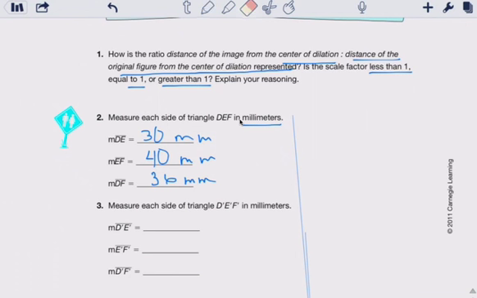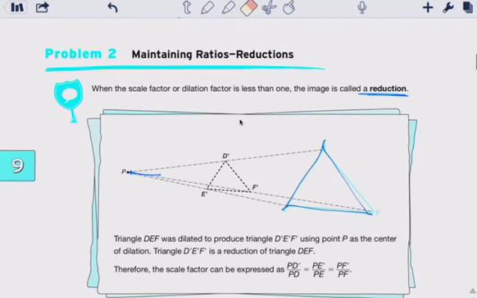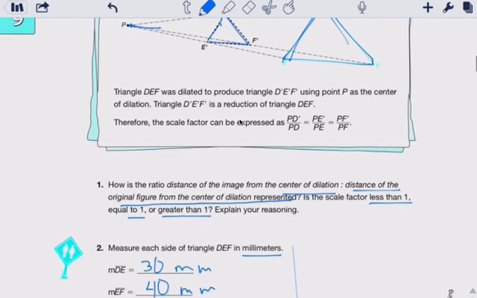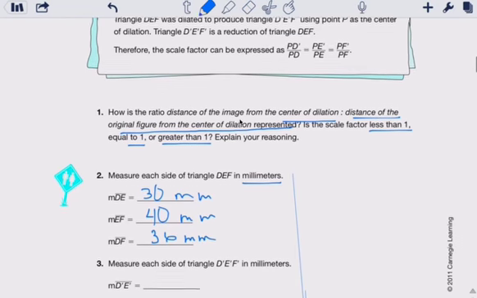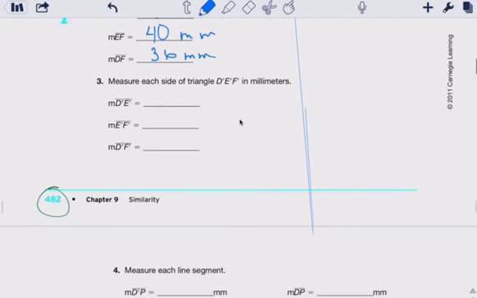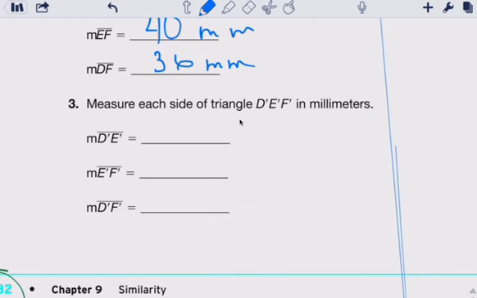And if you measure the dilation, or the reduction in this case, because you are reducing it, it went from here and then it went smaller, it reduced. So the reduction, DE, if you measure DE on this side, you should get 15 millimeters.